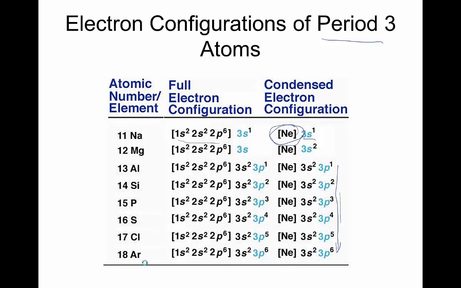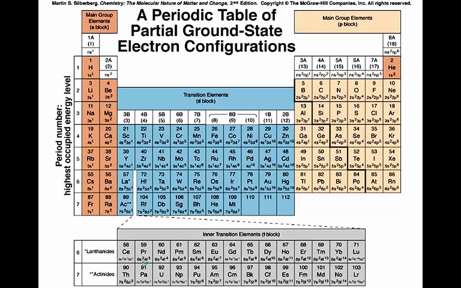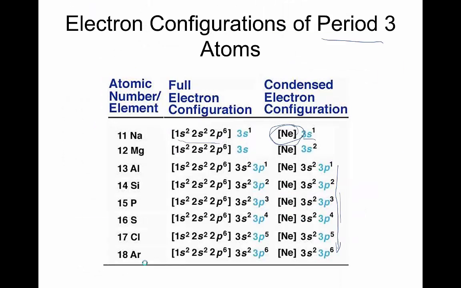Now, interestingly, if we start looking at these electron configurations and the arrangement of the atoms on the periodic table, we'll notice a pattern. So here I've summarized a partial electron configuration for each of the atoms. What I'm doing is I'm not showing the last noble gas, I'm just showing the extra stuff, right?